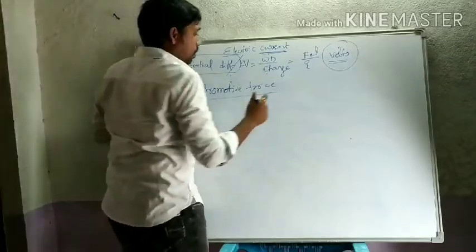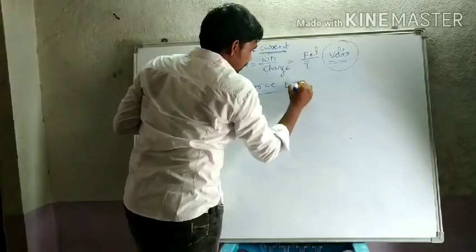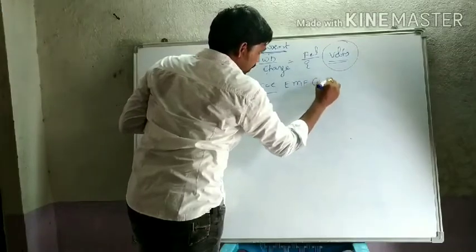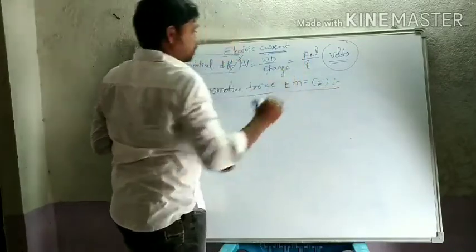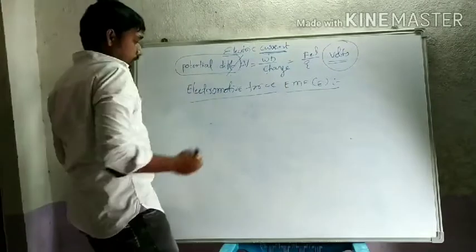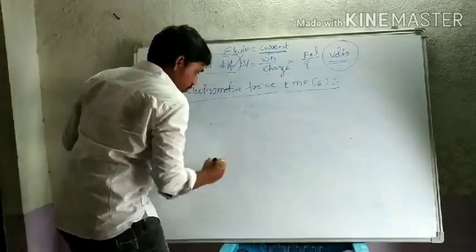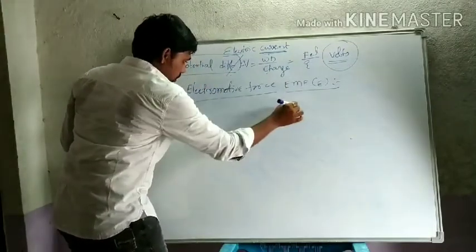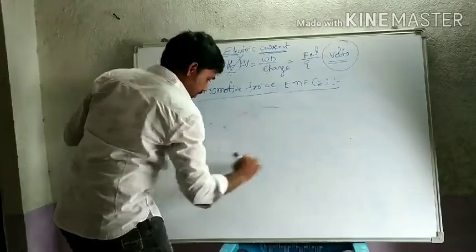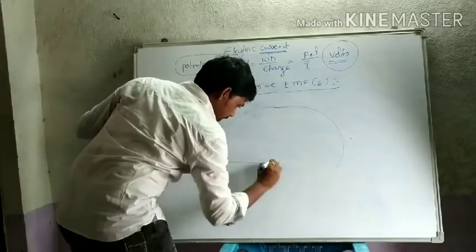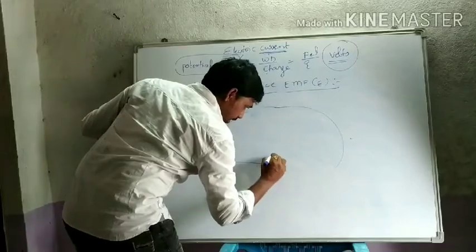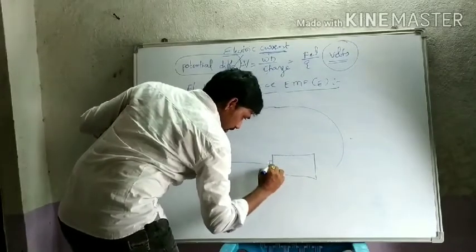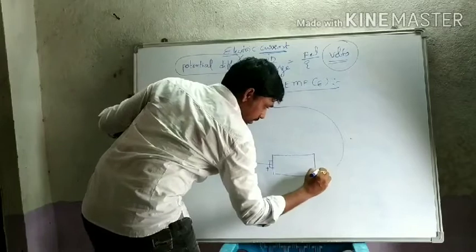Simply we will call it EMF, with the symbolic representation epsilon. So let us take a conductor. Let a big conductor be taken and connected across the terminals of a battery. This is the positive terminal of the battery and this is the negative terminal of the battery.